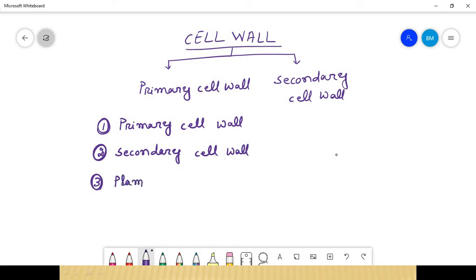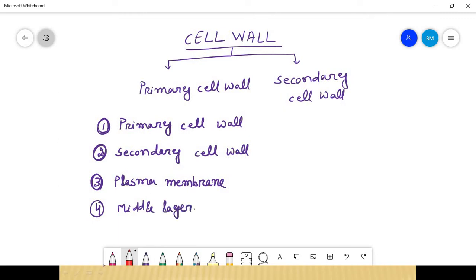And the fourth one we have learned, the middle layer, present above the primary cell wall.